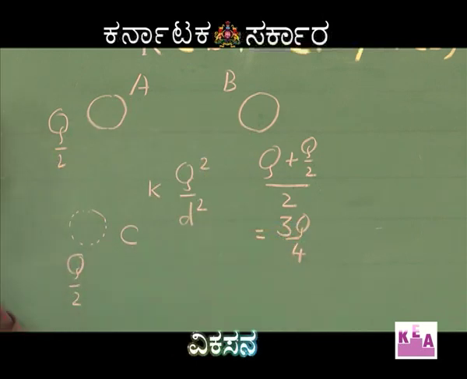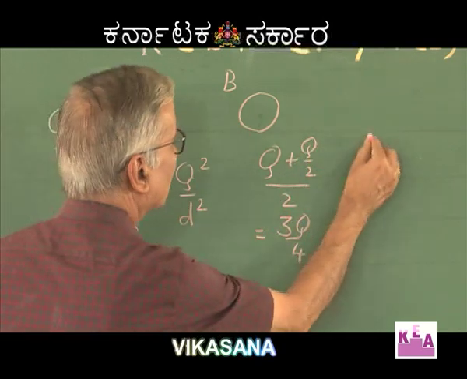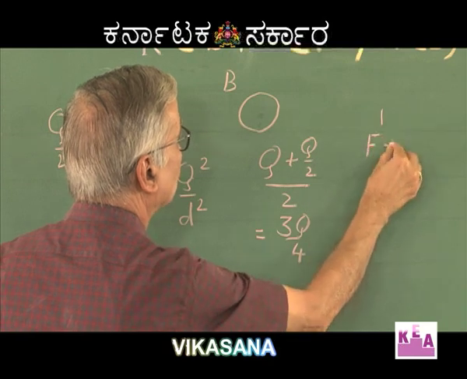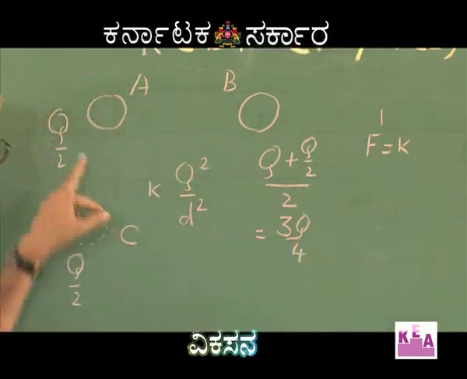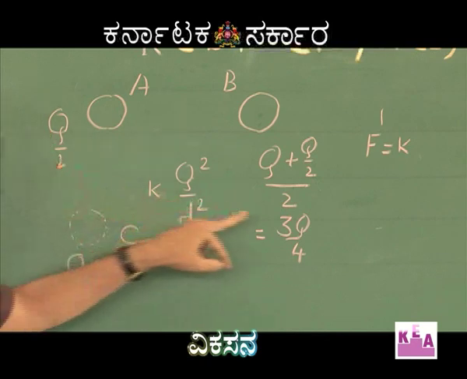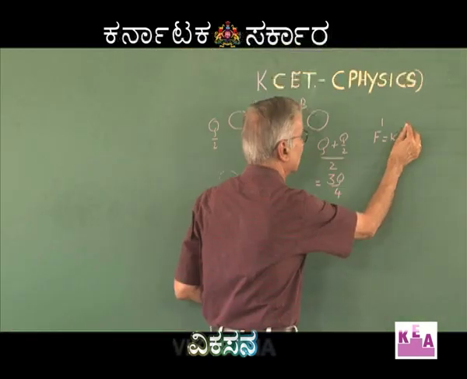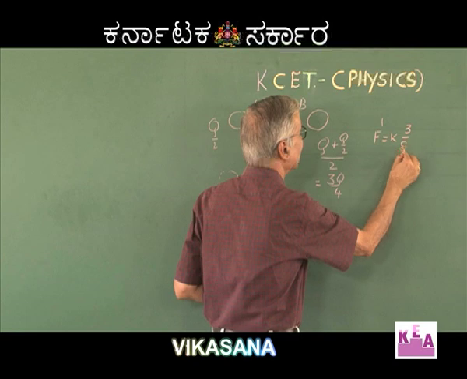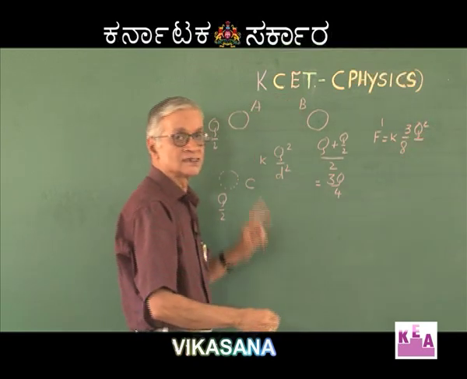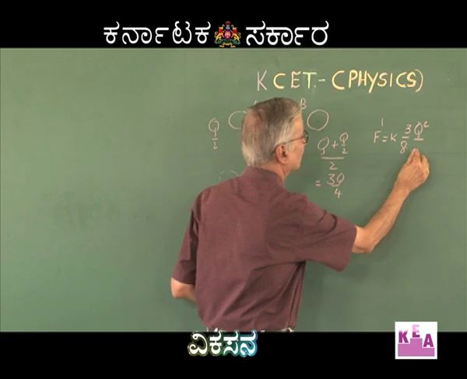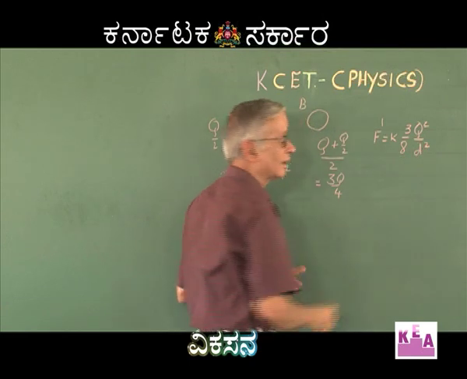Therefore, the new force between A and B will become F dash equal to K multiplied by the product of the two charges, Q by 2 into 3Q by 4, which is 3 by 8 Q square, divided by the separation, which will be the same, therefore divided by D square.